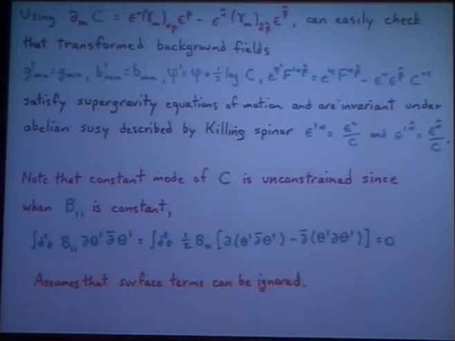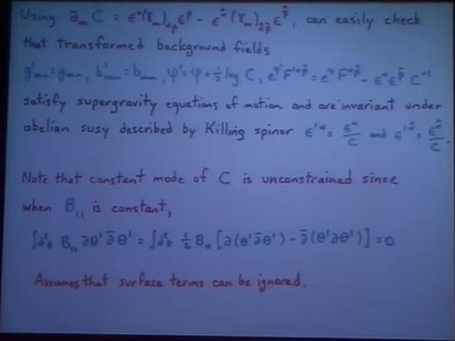So instead of being just epsilon alpha and epsilon alpha hat, now it's epsilon alpha over C and epsilon alpha hat over C. So if you use this value of the Killing spinor, and you use these values of the background fields, then you find that when you do a supersymmetry transformation, the fermions don't transform, assuming that the fermions didn't transform using the original background fields and the original Killing spinor. So that's maybe a 5-line computation.